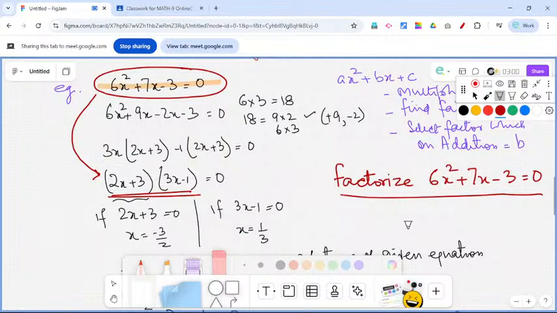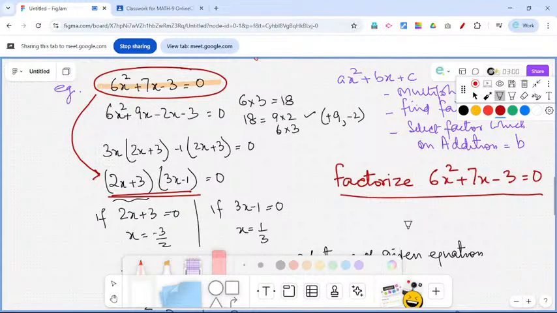Now for the second factor, if 3x minus 1 is equal to 0, then x will be 1 upon 3. That means now you have two solutions. X equal to -3 upon 2 and x equal to 1 upon 3 are both solutions of the given equation.